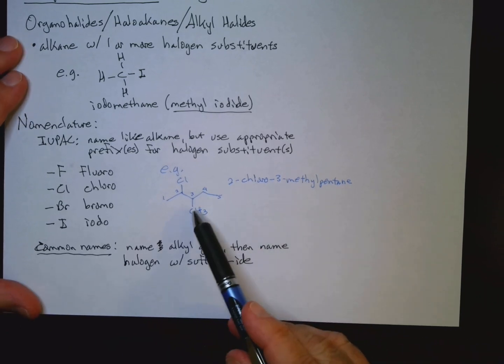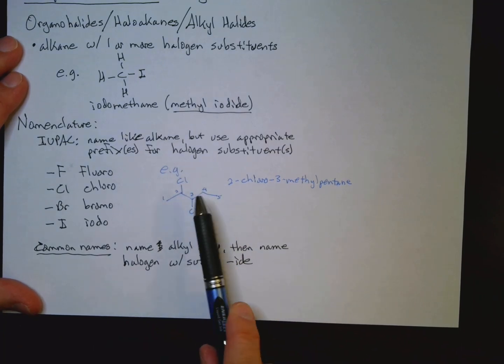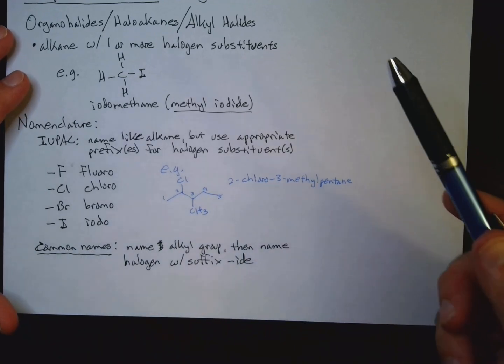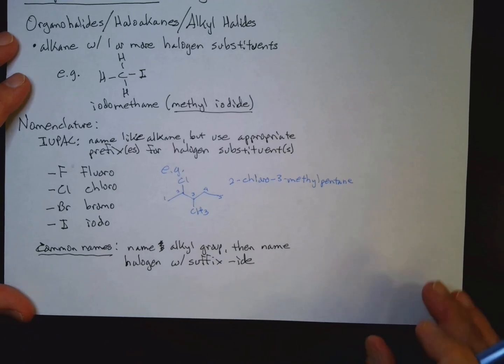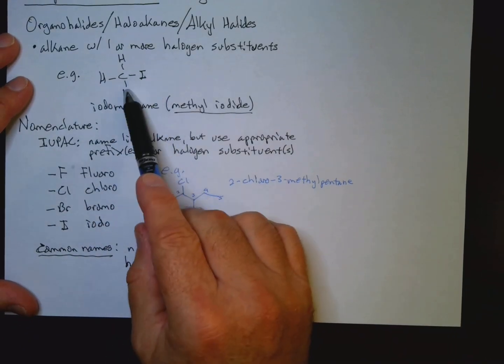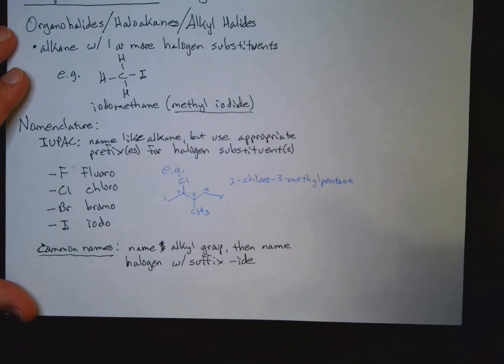So this would be 3-methylpentyl 2-chloride. It's a little confusing. So typically we only use the common names for simpler alkyl halides. So, iodomethane, dichloromethane, you know, chlorocyclohexane, things like that.